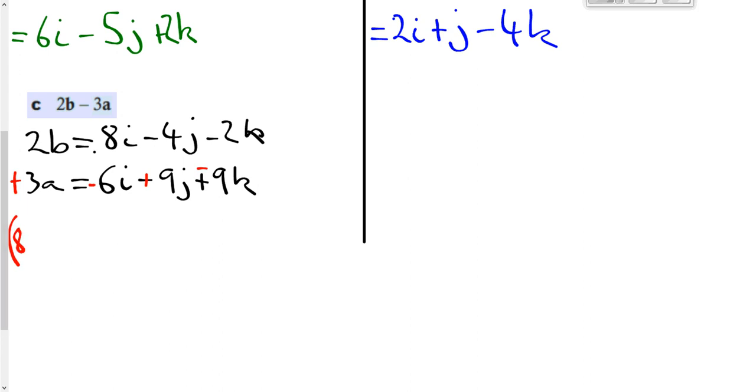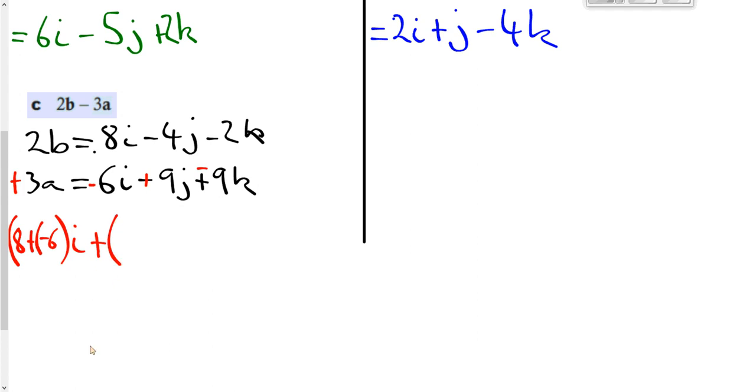So we're going to have 8 plus the negative 6. Whoops, what have I done? Gotten excited. Let's try again. 8 plus negative 6 for our I component.